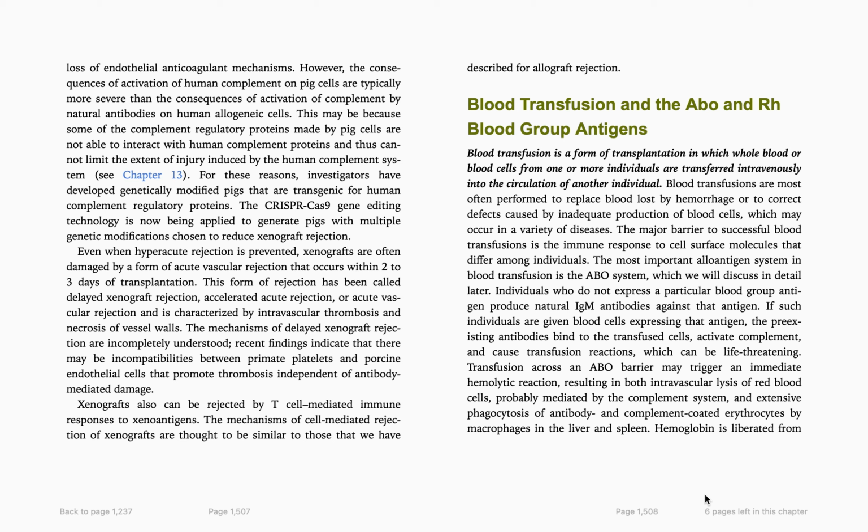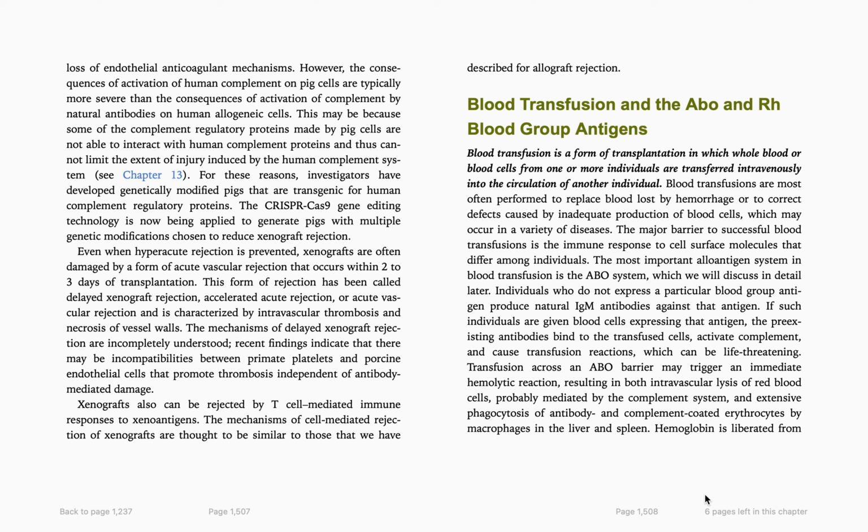Even when hyperacute rejection is prevented, xenografts are often damaged by a form of acute vascular rejection that occurs within 2 to 3 days of transplantation. This form of rejection has been called delayed xenograft rejection, accelerated acute rejection, or acute vascular rejection, and is characterized by intravascular thrombosis and necrosis of vessel walls.